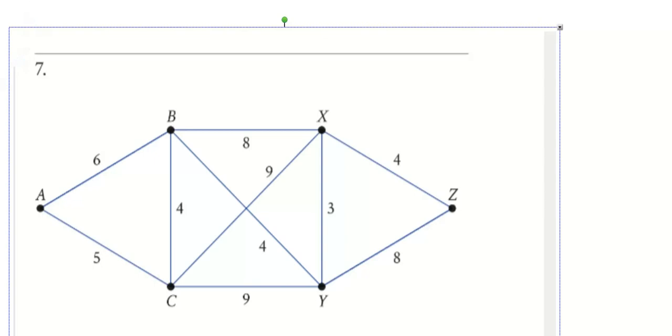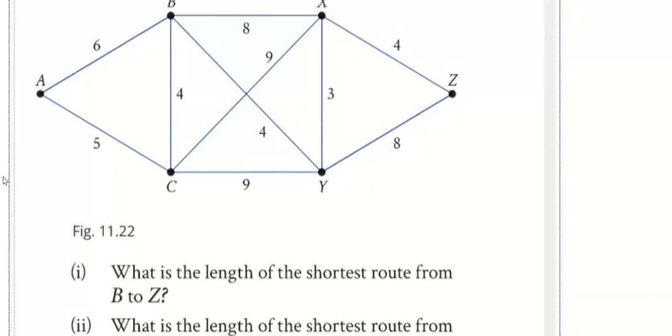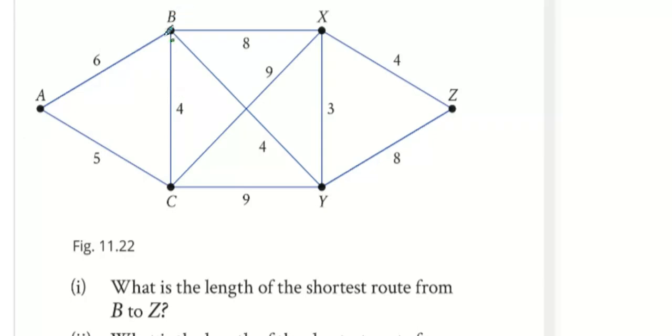Okay, question 7. Find the length of the shortest route from B to Z. Okay, let's figure this out.